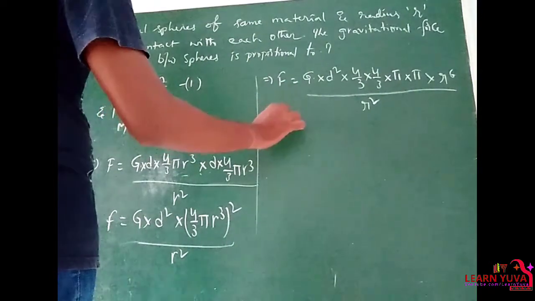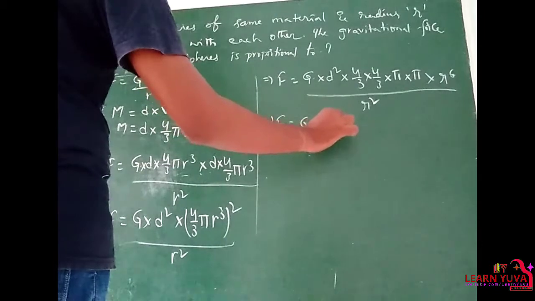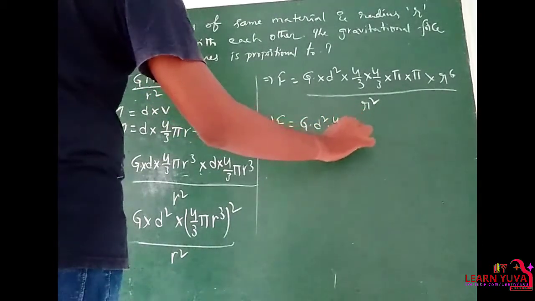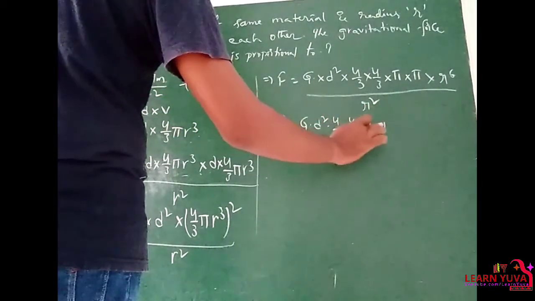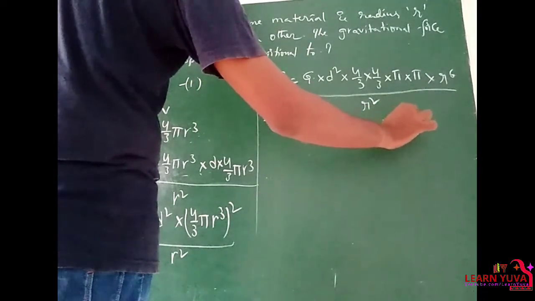So F is equal to G into D square into 4 by 3 into 4 by 3 into pi square into r power 6 by r square.